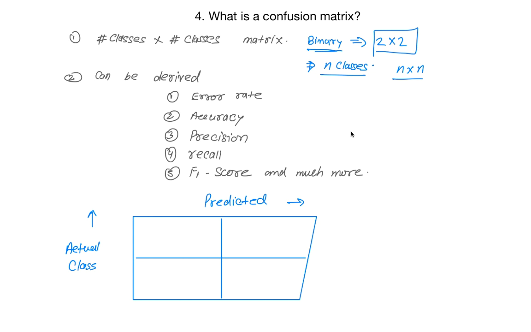Now let's say this is the positive prediction and this is the negative prediction, and this is positive and this is negative.